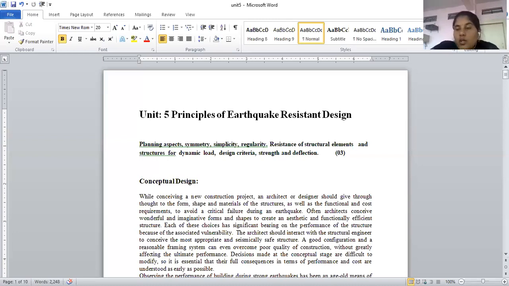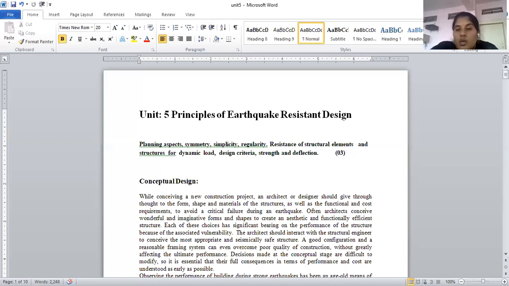So the first point is that we have to focus on the different aspects of the building, and these should be applied on site also. The second thing is that we will focus on the different issues of the different structural members, like slab, beam, and columns, and we have to increase the structural integrity of those components also. So how do we improve the structural integrity?